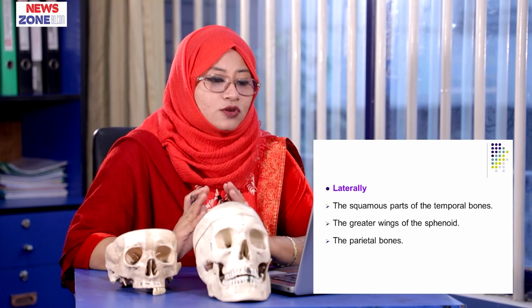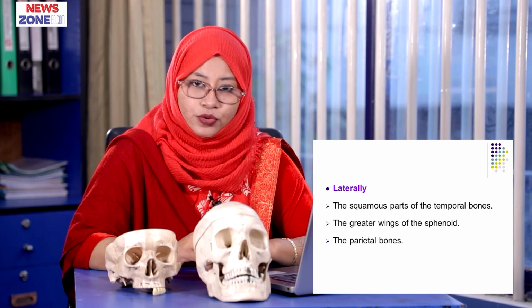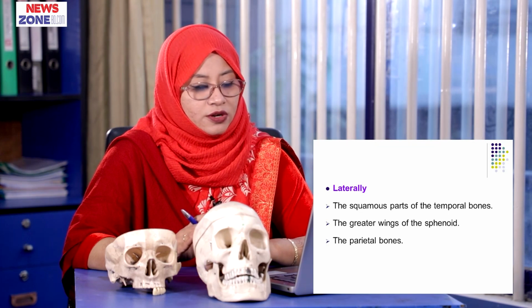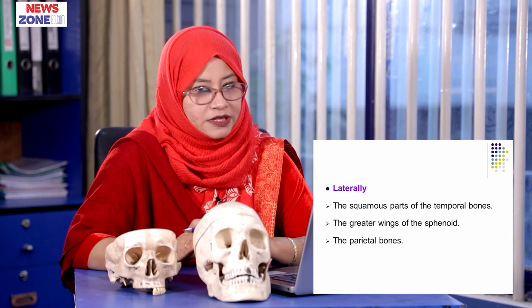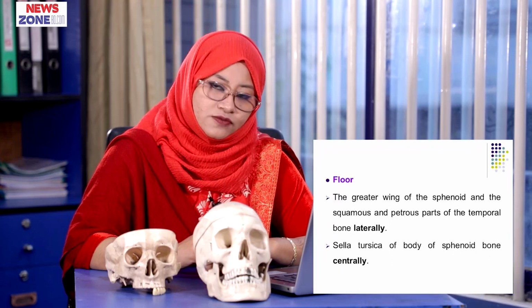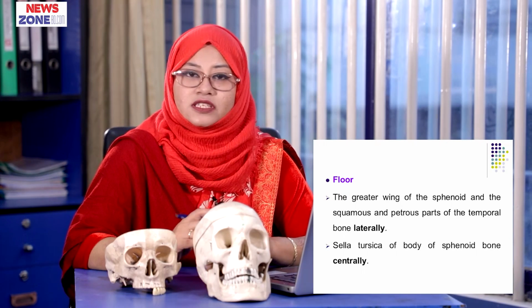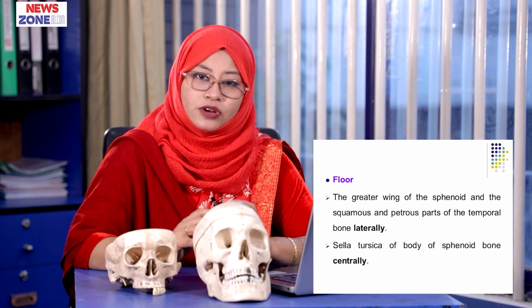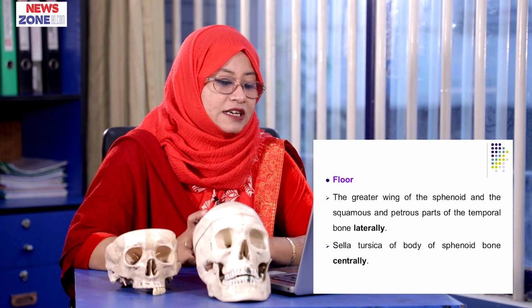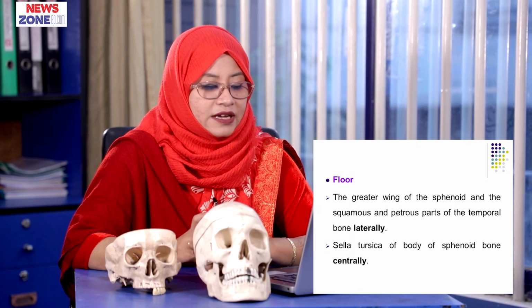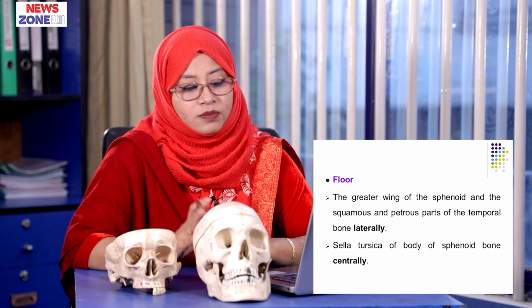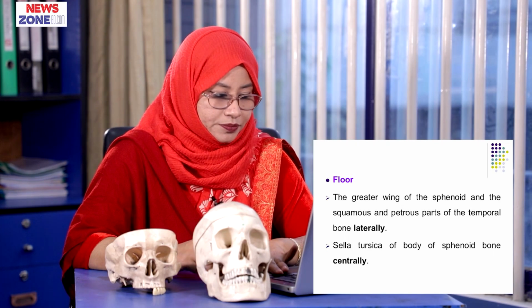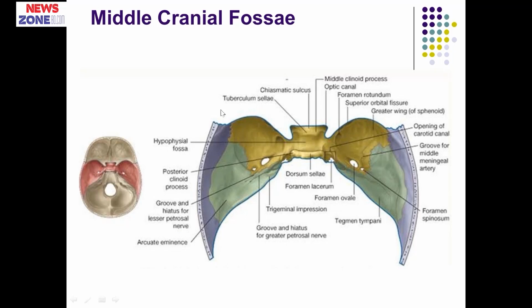Laterally, the squamous part of the temporal bone, the greater wing of the sphenoid bone and the parietal bones are present. The floor is formed by the greater wing of the sphenoid bone and squamous and petrous parts of the temporal bone laterally, and medially by the sella turcica of the body of the sphenoid bone. This is the boundary of the middle cranial fossa.